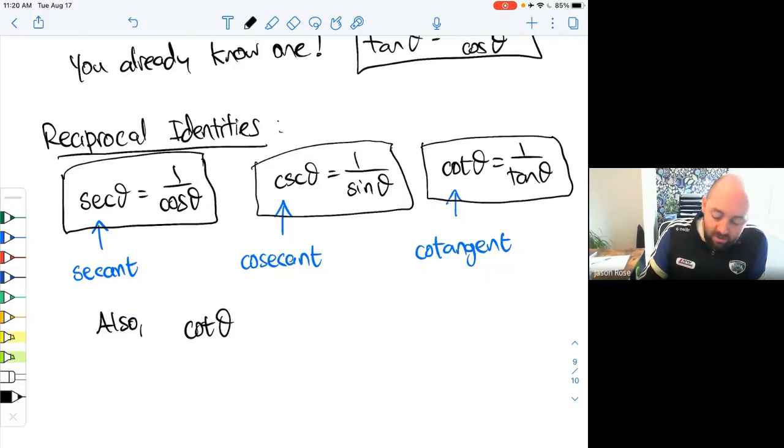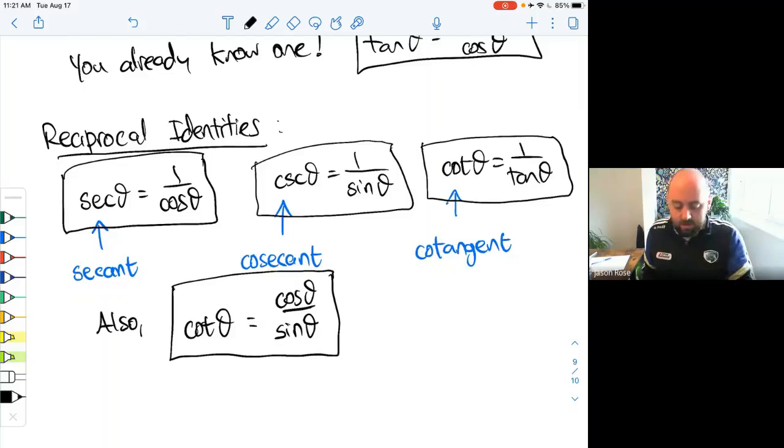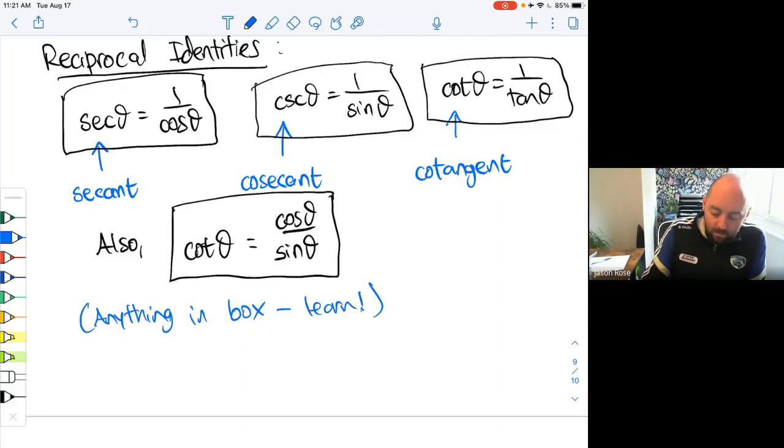Just how tan is sine over cosine, since cotan is 1 over tan, then cotan theta is cosine over sine. Another one. So anything in a box here you should be learning. So I'm just going to maybe put this in brackets. Anything in a box, learn it.